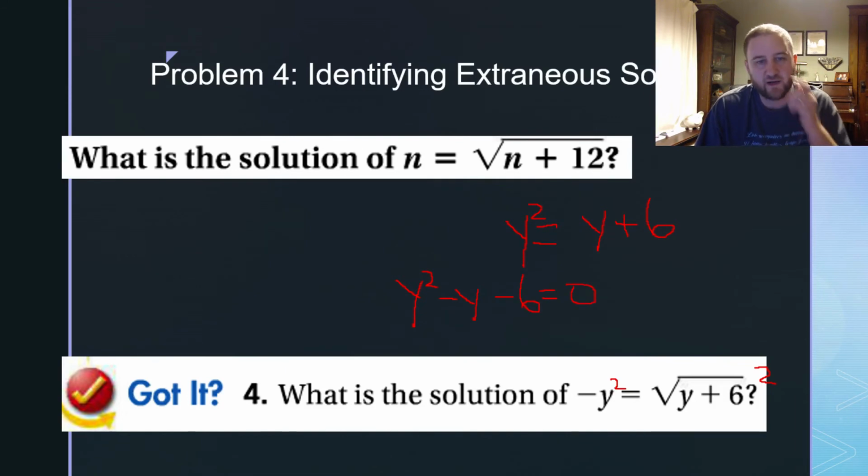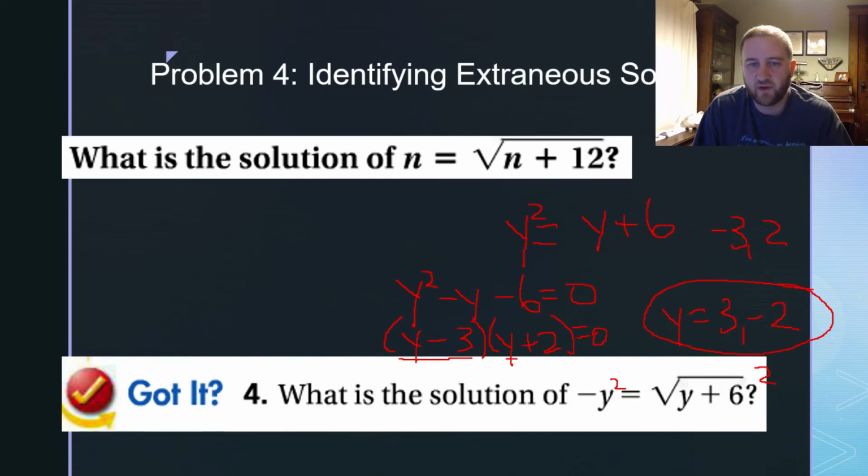And now we want factors of negative 6 that add to negative 1. Our factors are going to be negative 3 and positive 2. So y minus 3 times y plus 2 equals 0, which means that y has to equal 3 and negative 2.